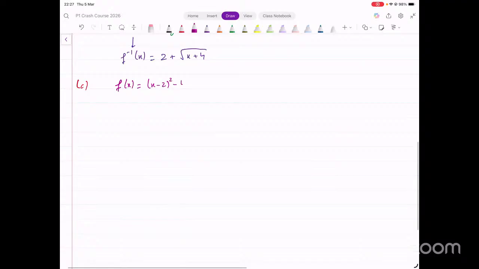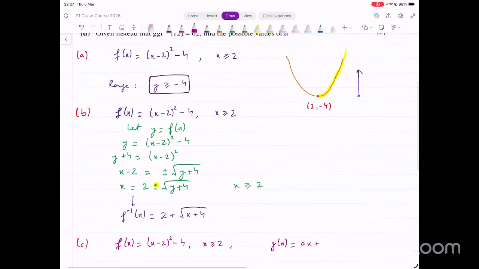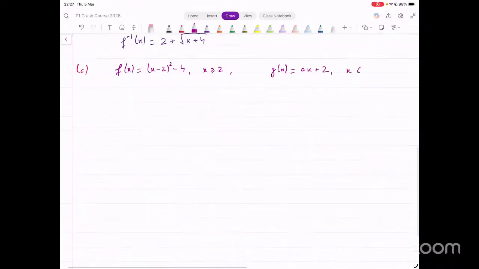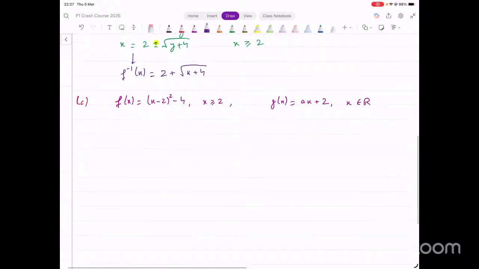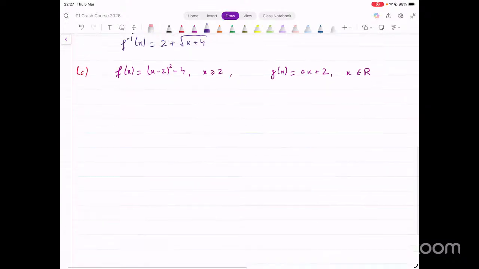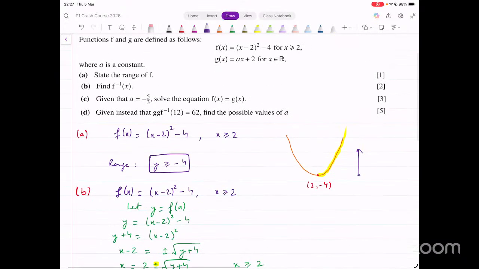That's the function f of x. The domain of this function was x greater than or equal to 2. There was another function g of x, and that was ax plus 2, and that is defined for all real values. We are given in this part that the value of a is negative 5 over 3.